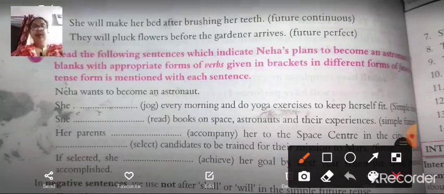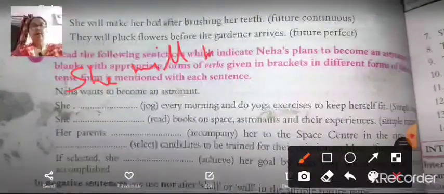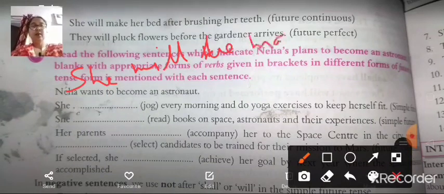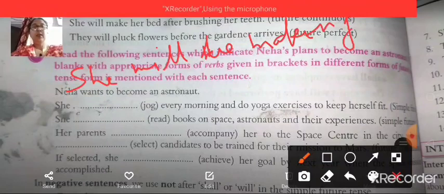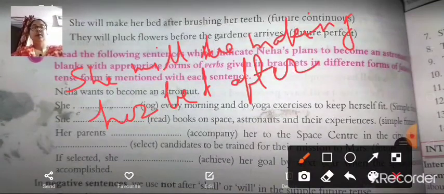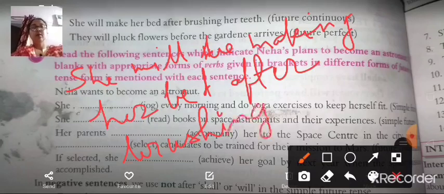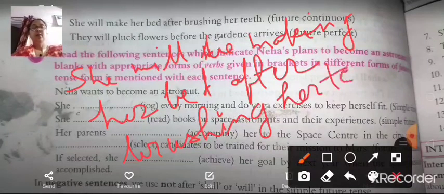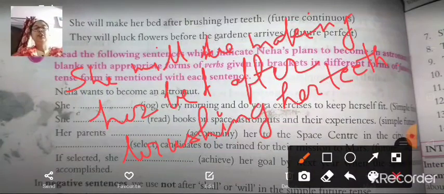So we are going to write: she will be making her bed after brushing her teeth. So complete this.